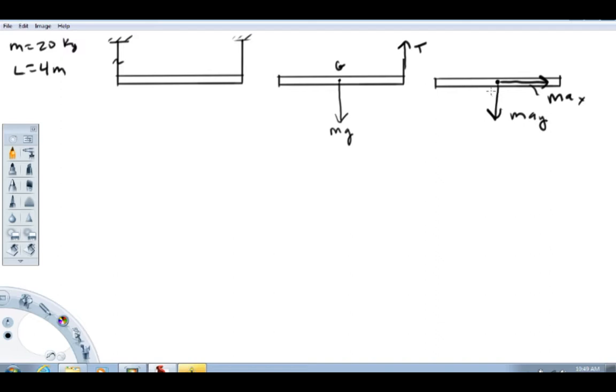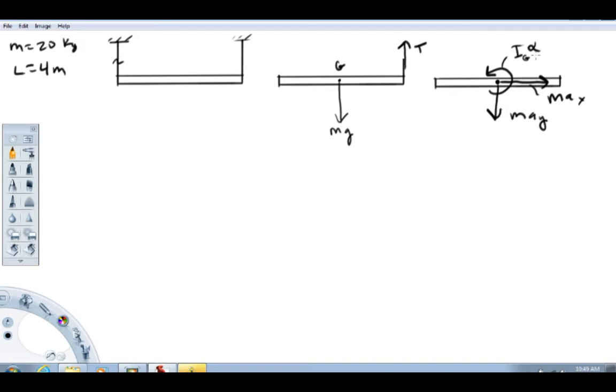So there are three acceleration terms: m a_x, m a_y, and an I alpha term for the rotation. This I, drawn about G, is the moment of inertia of the beam about its centroid. Here's the free body showing all the forces, and here's the free body showing all the ma terms, or the I alpha terms.